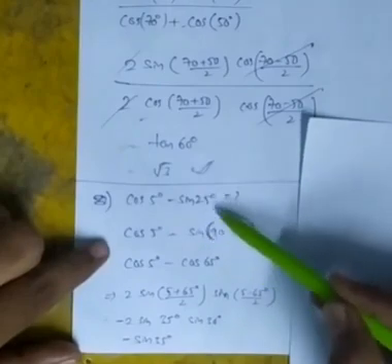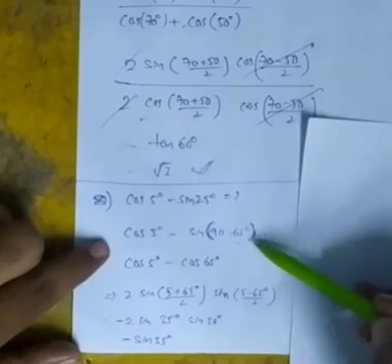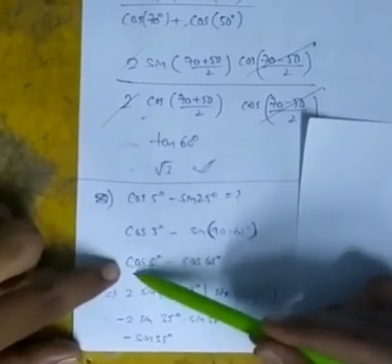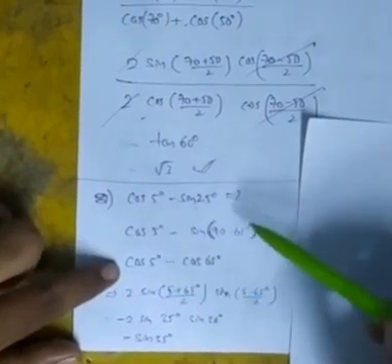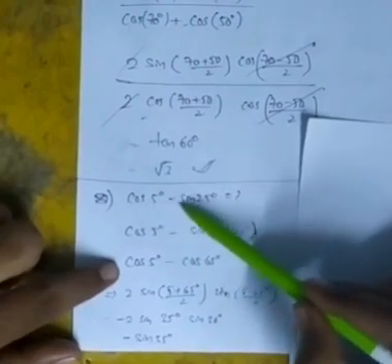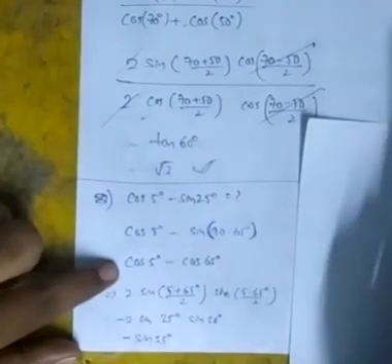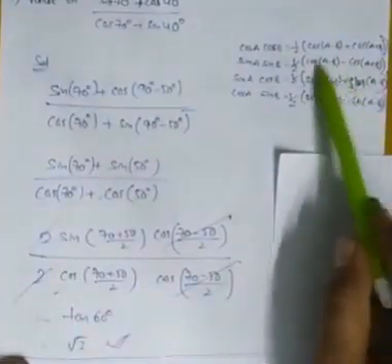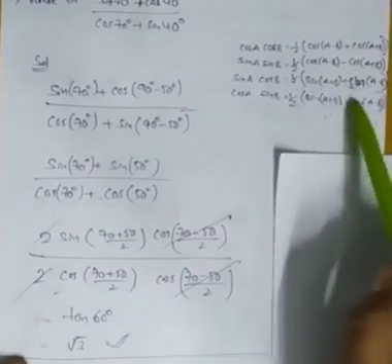So writing 25 as 90 minus 65. Why are we changing it? Because there is no sum or difference formula with different terms.